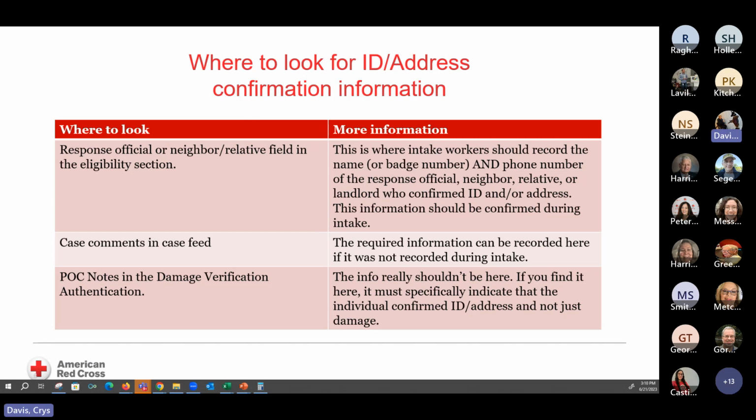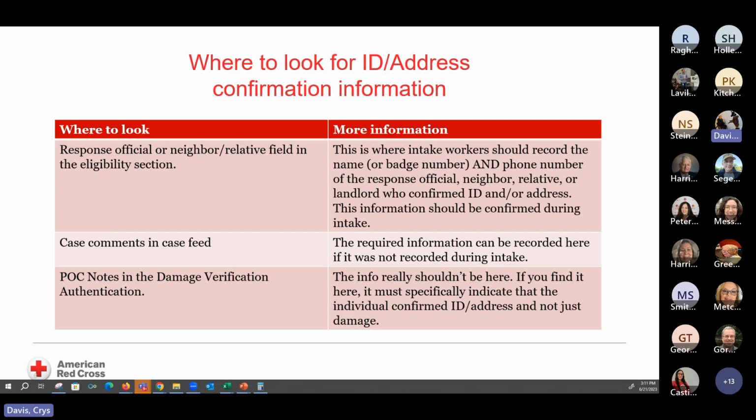One of the other places that we see ID address confirmation information show up is in the POC notes in the damage verification authentication. The reason why it shows up there is that the ID and address verification authentication POC notes do not collect data and store it.